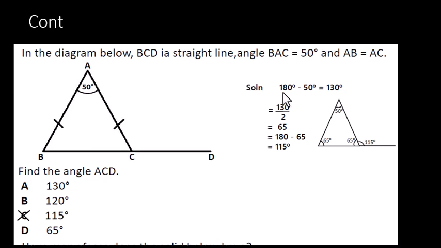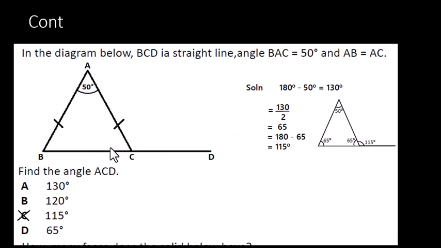So we subtract the 50 degrees which have been given from 180, and we get 130. Then 130 divided by 2, we get 65. This is the angle which is here. It's 65.